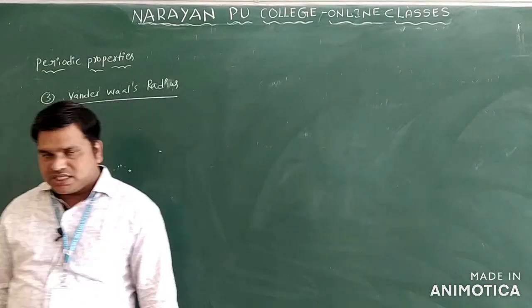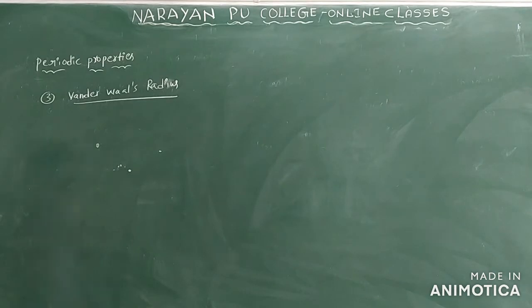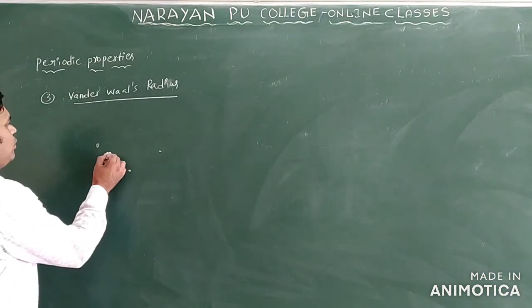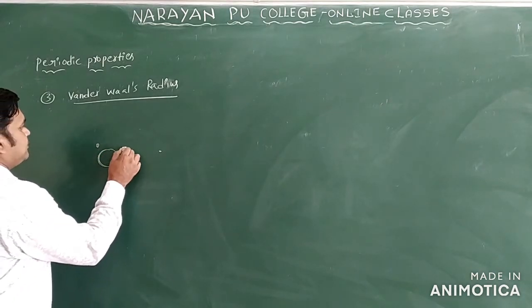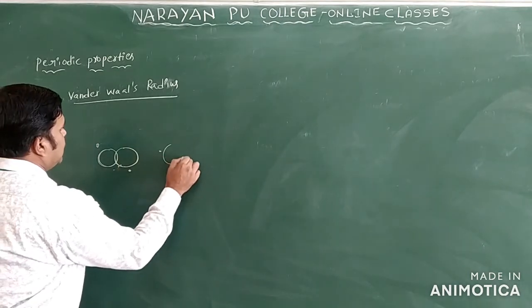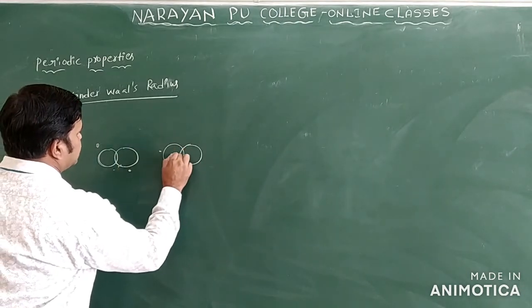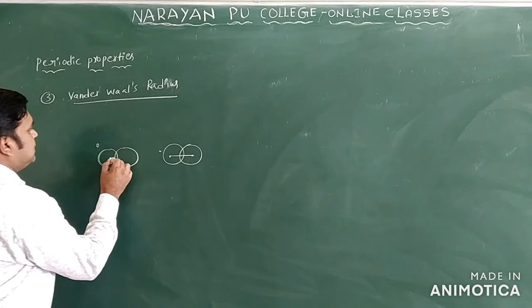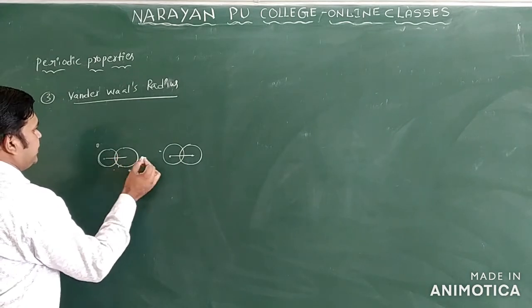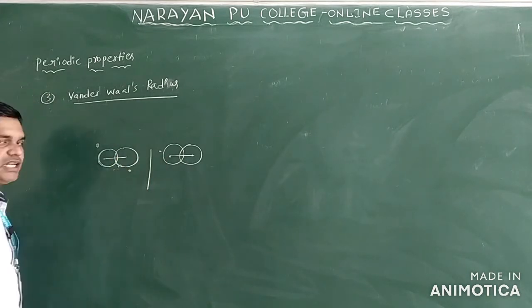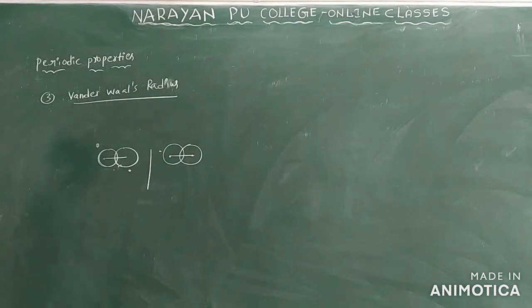See the next radius we have: van der Waals radius only. Here we are taking two adjacent atoms only. This is the distance you are taking; I will take half of the internuclear distance only. How can you define van der Waals radius?